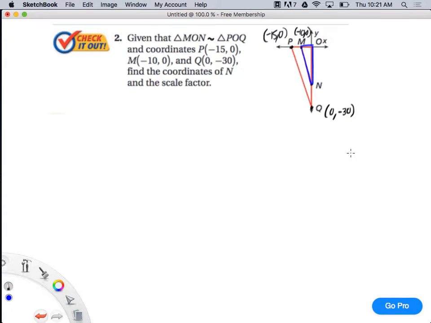Now, I've got to set up my ratios just like I usually set up my other ratios. I look and I say, MO over PO equals NO over QO.